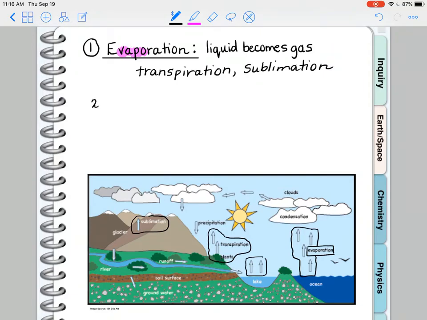So then let's move to step 2, where we have condensation. And condense literally means to thicken up. This happens when temperatures cool down.